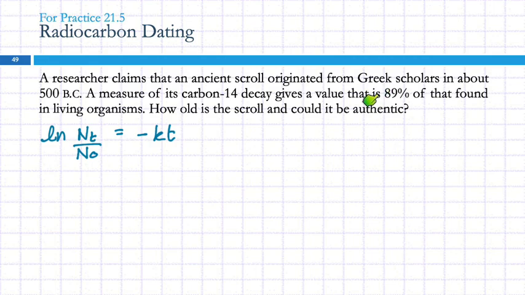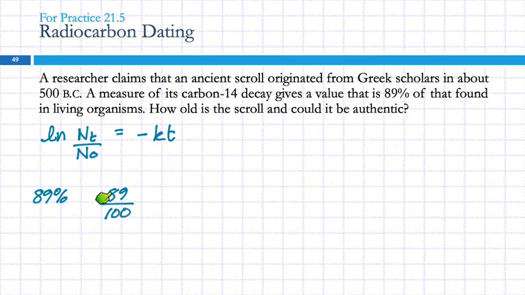Okay, so they gave us a percentage. They did not give us the actual amounts, right? Because then you'd have to look at all of the carbon-14 in the scroll. And all we need is this percentage. So 89%, that means 89 out of 100.